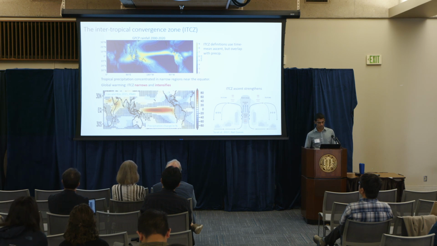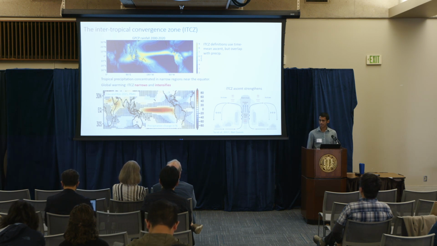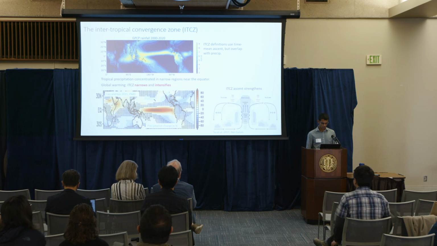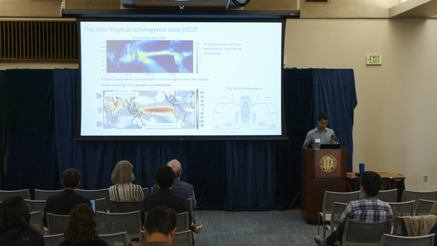As many of you might know, the ITCZ narrows and intensifies under global warming. This we know from climate modeling experiments, as well as from some proxies in the observational record, notably precipitation. What do I mean by narrow and intensify? It means that the area occupied by the ITCZ decreases in a warmer climate, and the precipitation per unit area goes up.